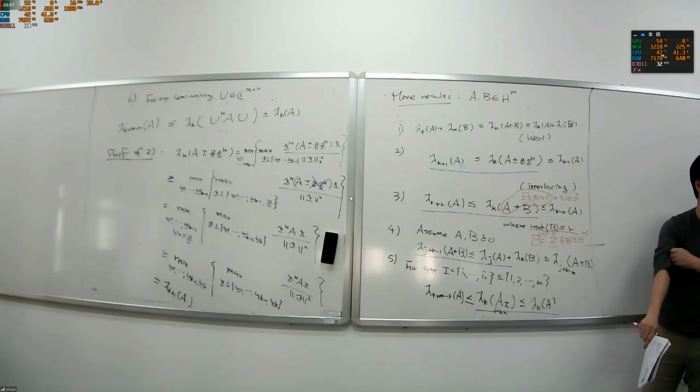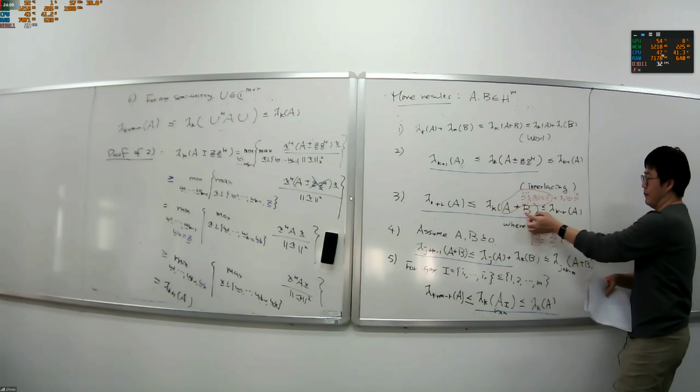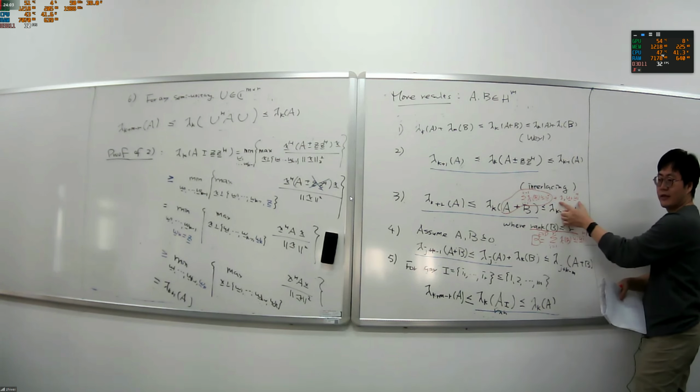Is that okay? You see that? So this matrix B can be written as this part plus this one.